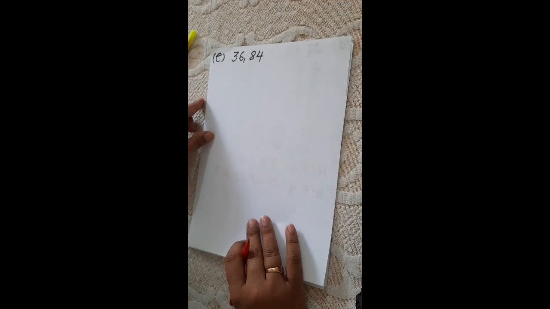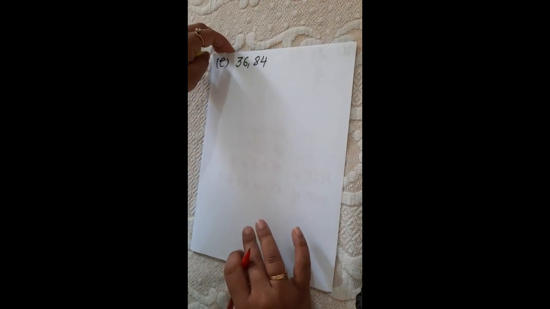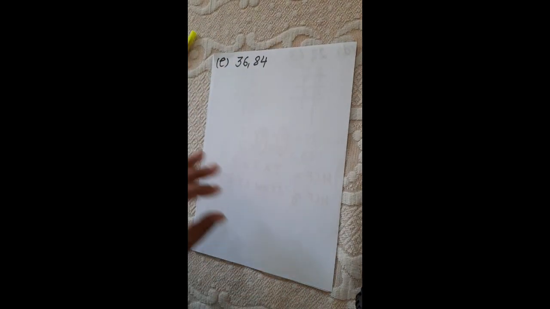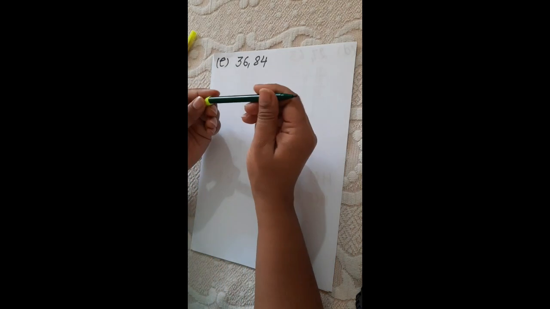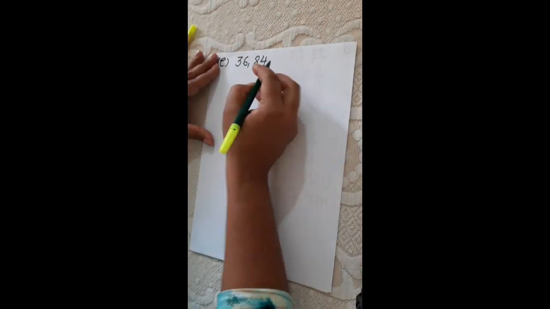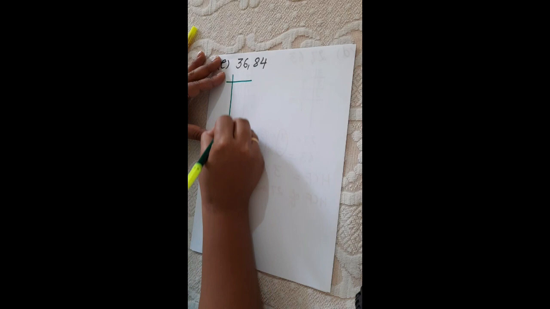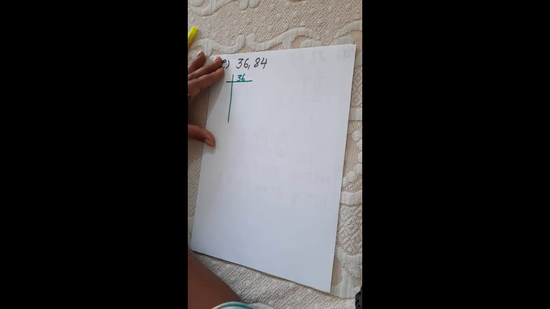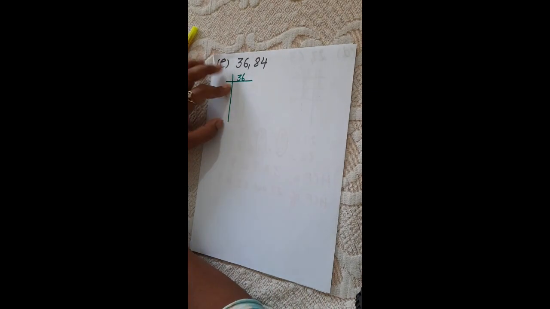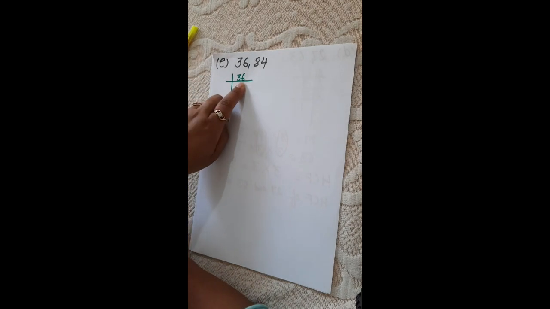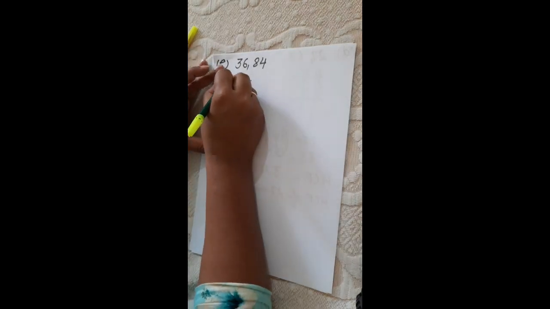Let's continue with E part. Again we have the same question, find the HCF, and we have E part 36 and 84. Now 36. So let's divide 36 by 2. Why? Because the digit at one's place is even, and we know that if the digit at one's place is even, it is divisible by 2.